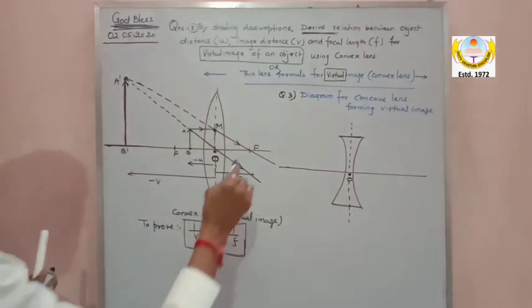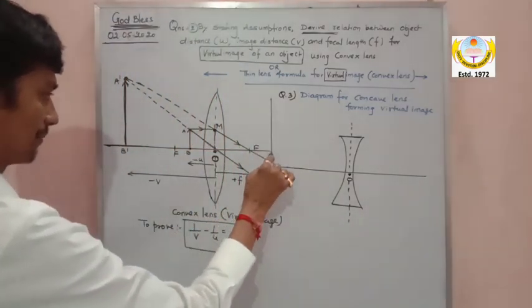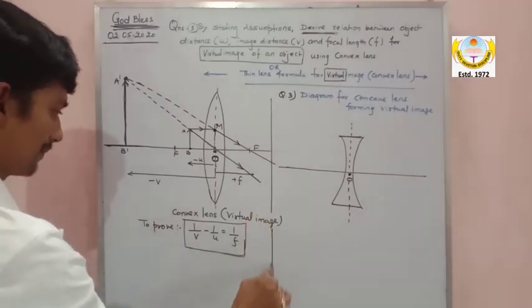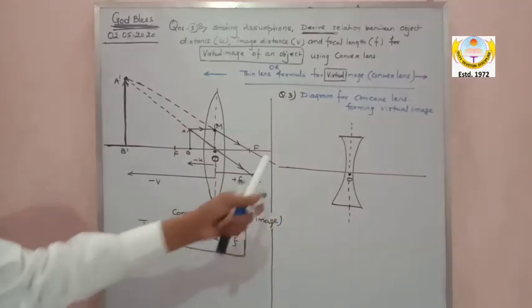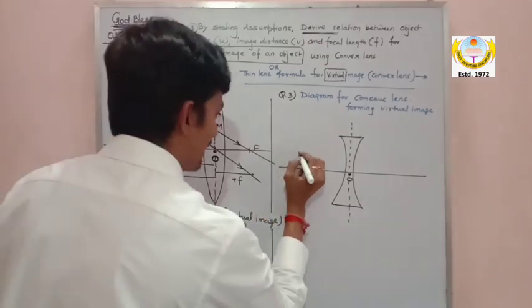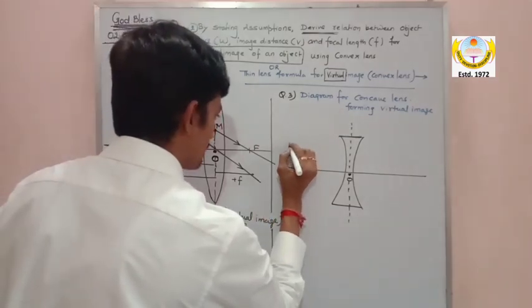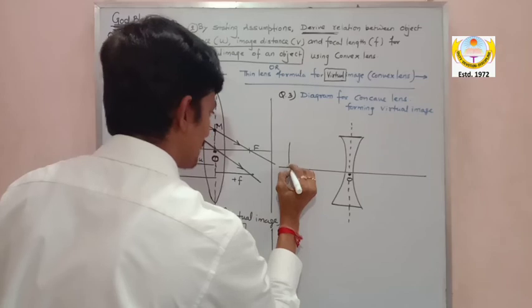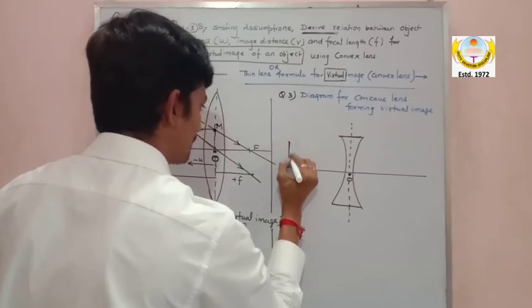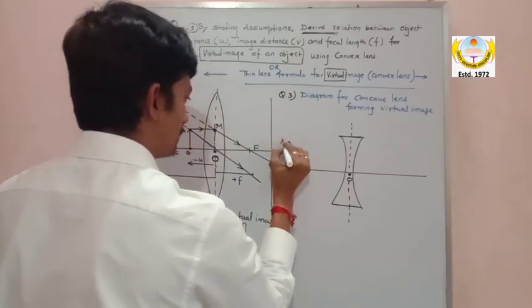Now, what is the diagram, my dear, for this case? Say here is the object. Name of the object again AB.